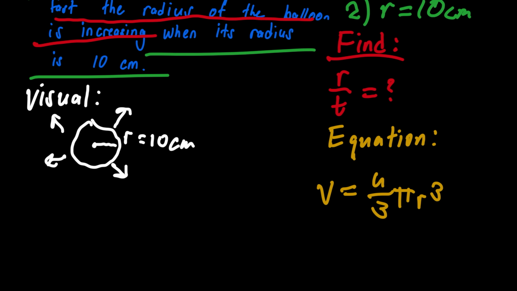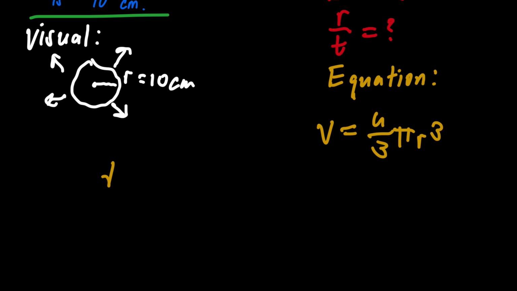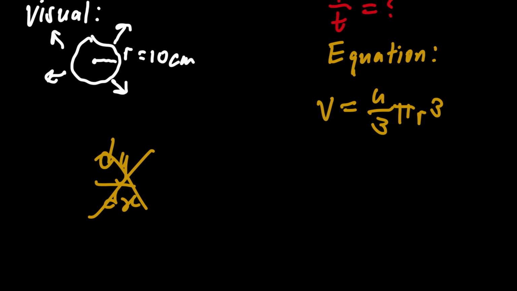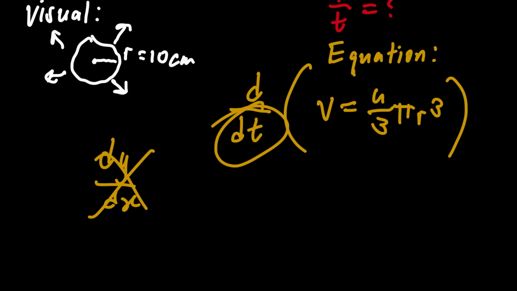Okay, and since we're talking about a related rate problem, we need to take its derivative, but not like dy over dx. No, we're not doing dy over dx. We're taking the derivative of this entire thing, and the notation for this can be written as d over dt, with respect to time.